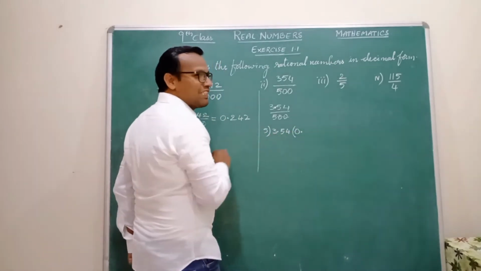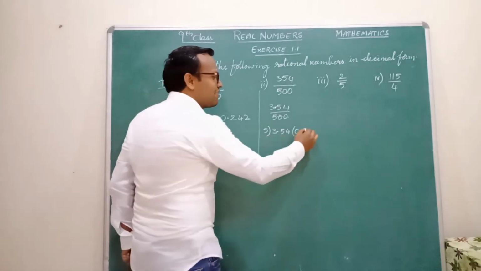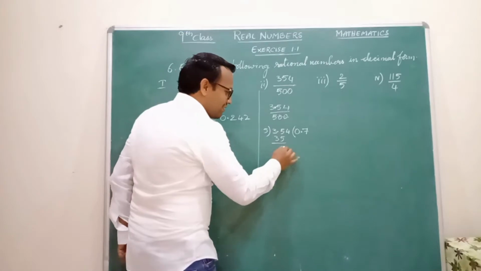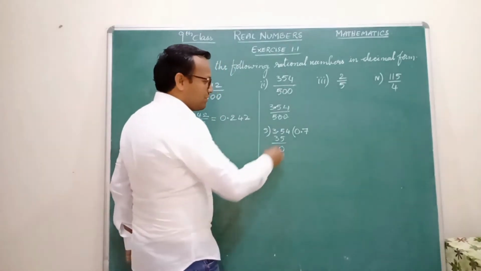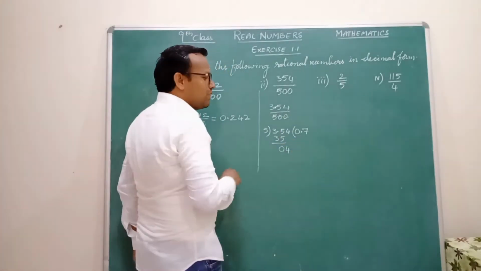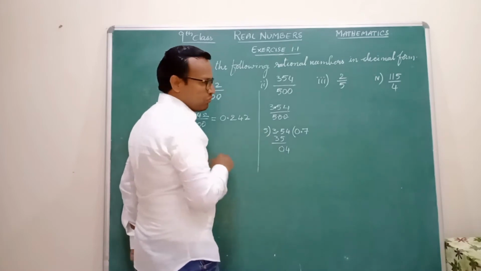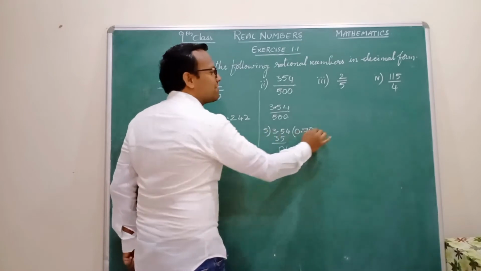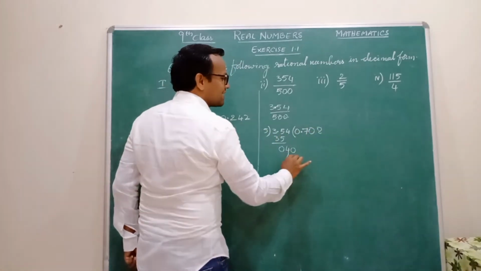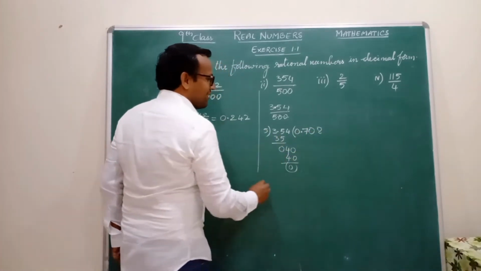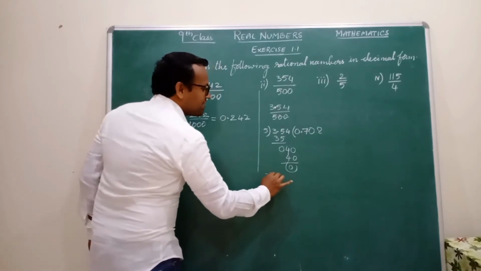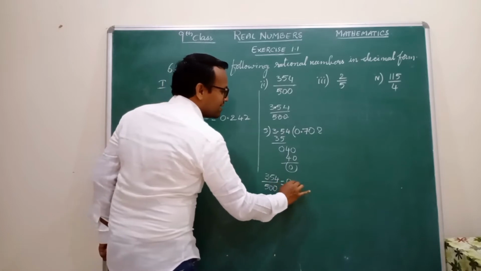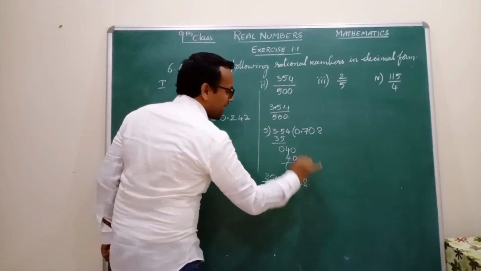Now it becomes 35. 5 sevens are 35. The difference is 0. Let me take 4. Will it go in the 5 table? No. So let me put 0 here and 0 here. Now 5 8s are 40. Simple. So 354 by 500 is nothing but 0.708.